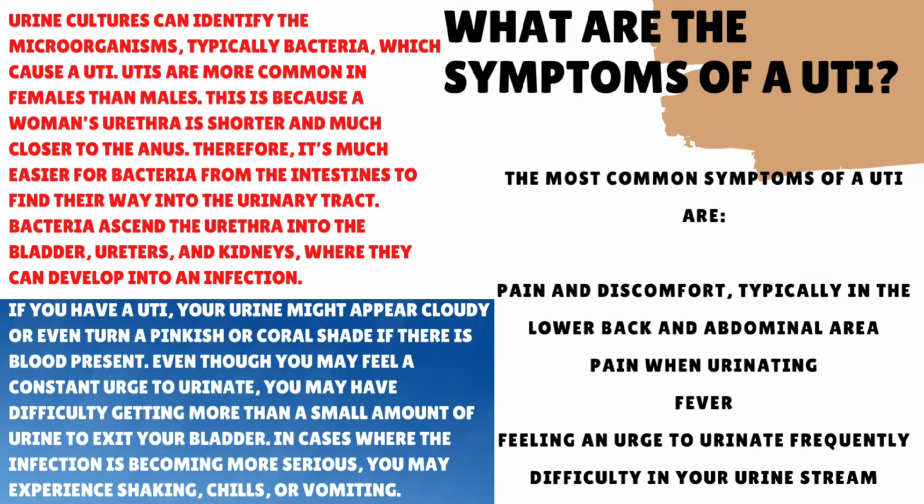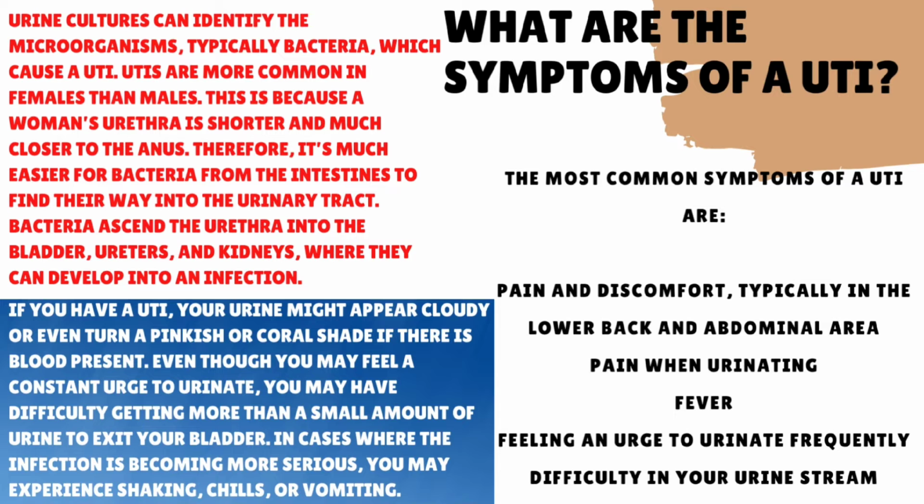Therefore, it's much easier for bacteria from the intestine to find their way into the urinary tract, and bacteria ascend the urethra into the bladder, ureters, and kidneys, where they can develop into an infection.